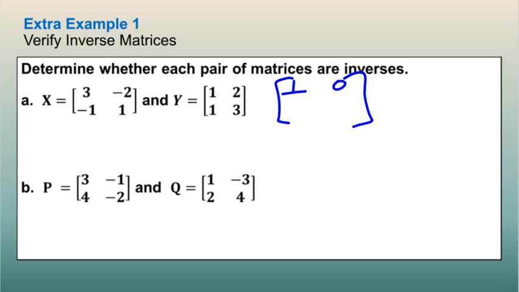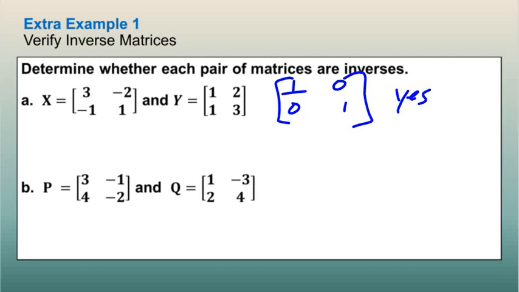Next is negative 1 times 1 plus 1 times 1 gives us 0. And negative 1 times 2 plus 1 times 3 gives us 1. So yes, this would be inverses. If it works for this one, it's going to work from the other direction.